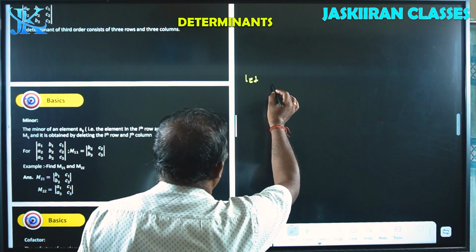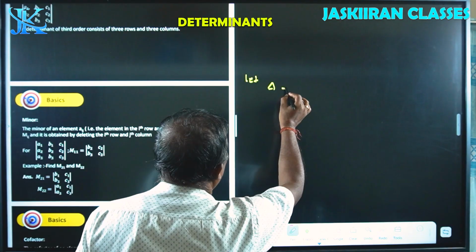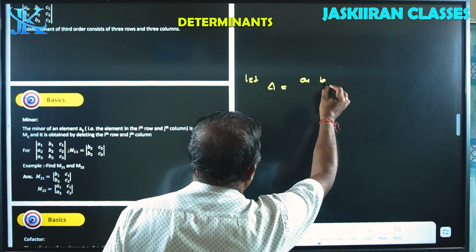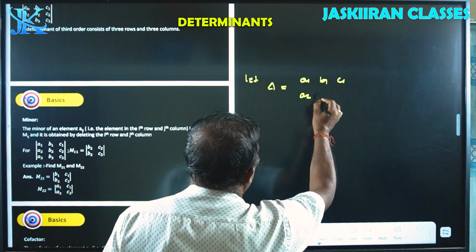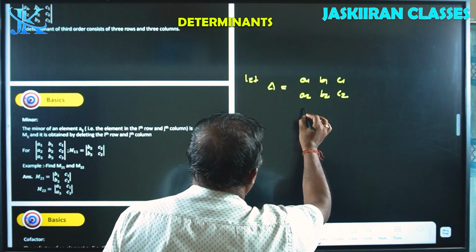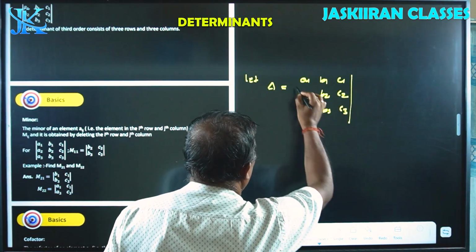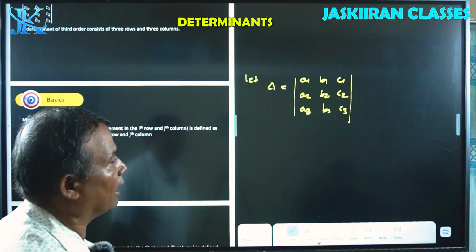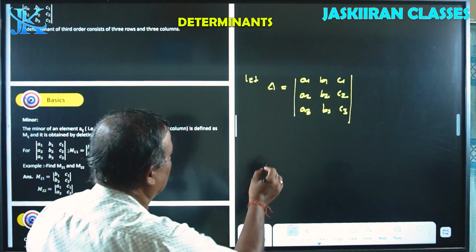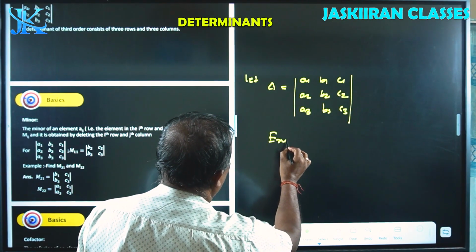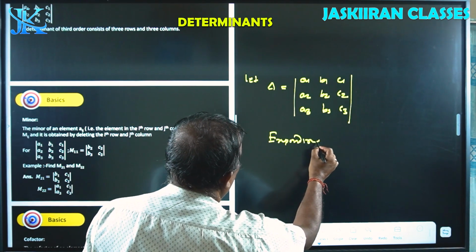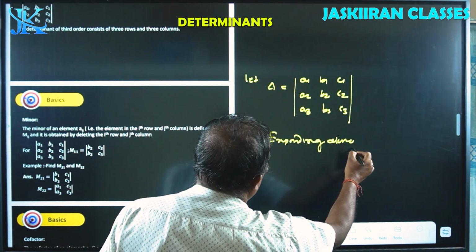Let Δ equal A1, B1, C1, A2, B2, C2, and A3, B3, C3. How to expand the third order determinant? Let us expand along R1.